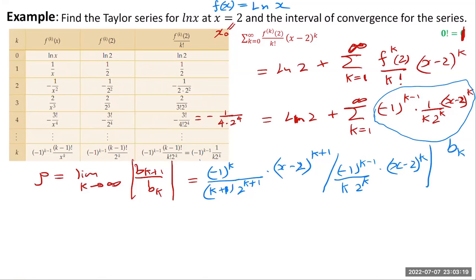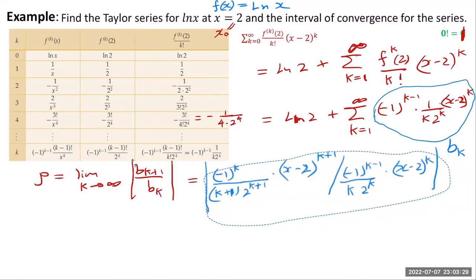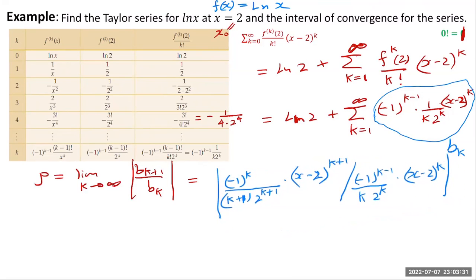Don't forget the absolute value around it, okay? And I'm forgetting one more thing here. Take the limit of this, as k approaches infinity. All right, now I'm going to do some simplification here.